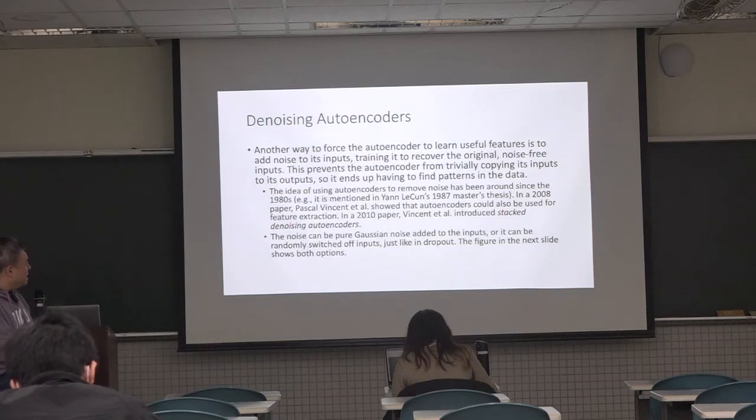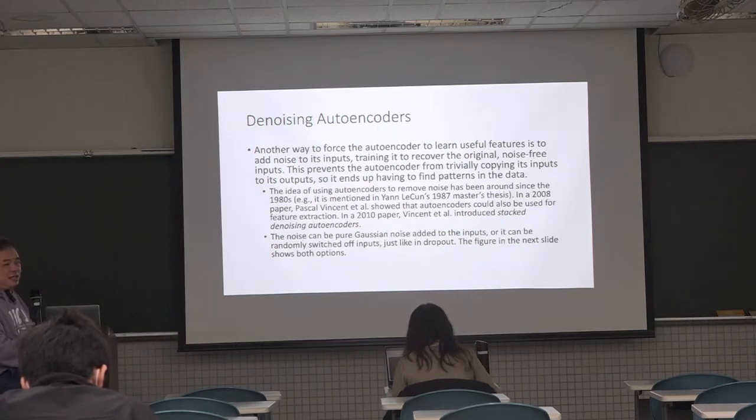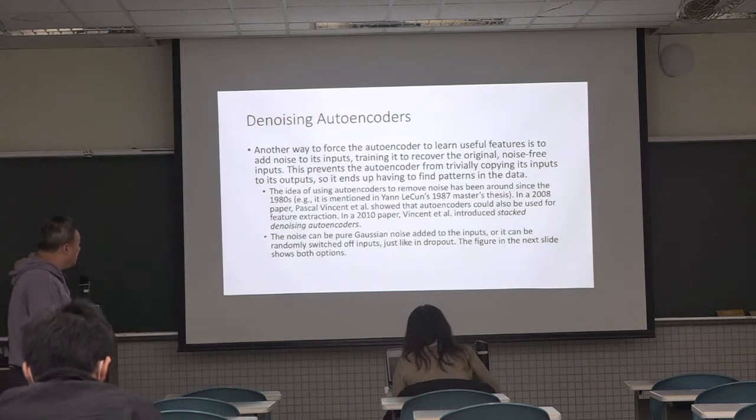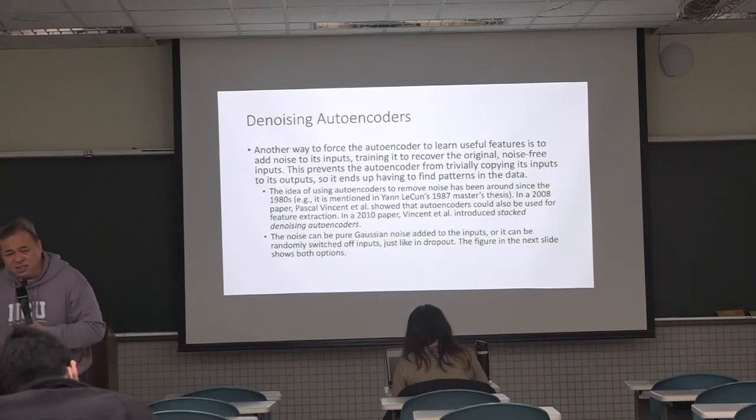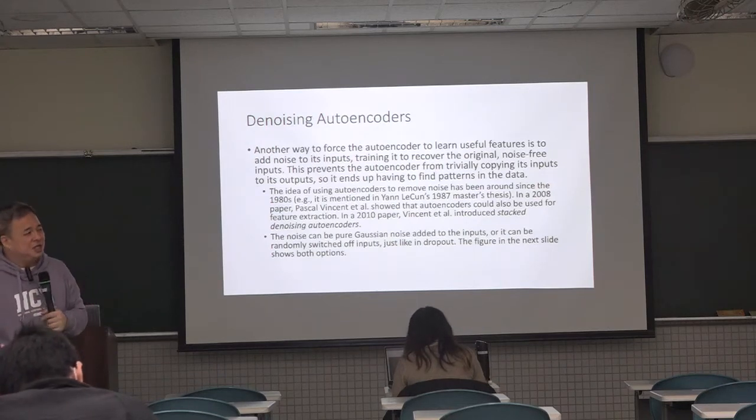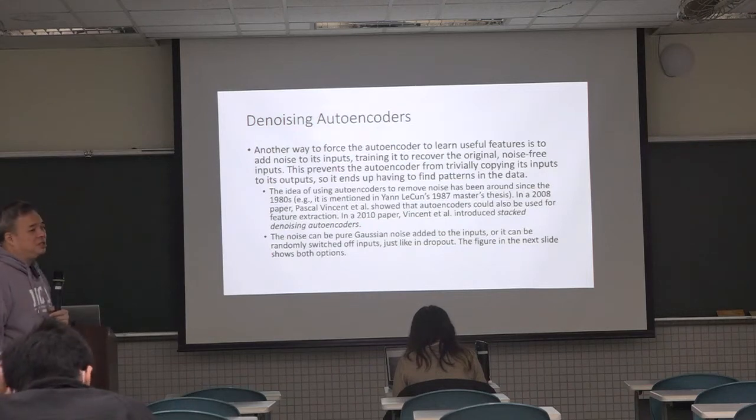So you can see that the real denoising autoencoder wasn't available until 2010. But when did Yann LeCun think about this idea? 1987. About 20 years before this thing was invented, he already envisioned such a thing.